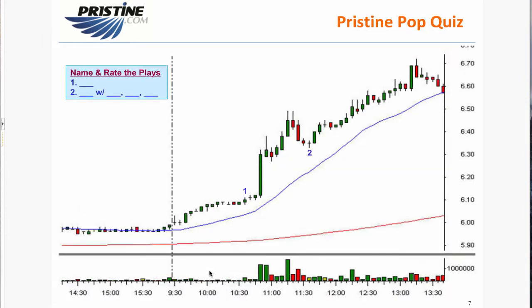So it's pretty easy to see what we've got going on right here. You've got your initial breakout at 1, followed by the first pullback at 2. What I also want to point out on this particular slide is that the first pullback does not always come right away, as you can see in this example. So sometimes, if you say, I'm not going to buy the initial breakout, that's fine.